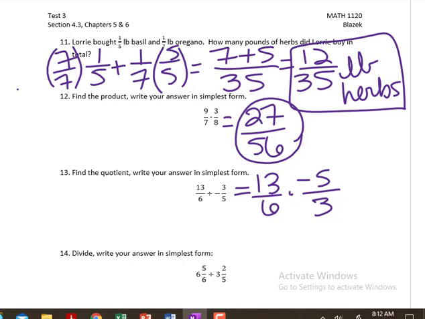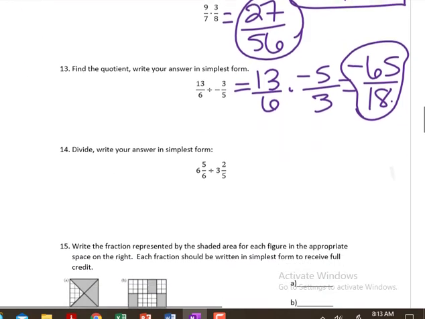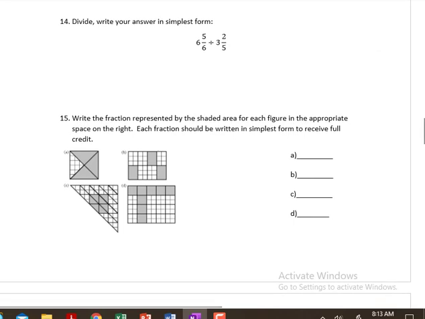So now I multiply and I get negative 65 over 18. There are no common factors between negative 65 and 18, so this is the fraction in simplest form. Now, a lot of these examples don't have anything to simplify, so I would say make sure you look on the test for answers that you would need to simplify.